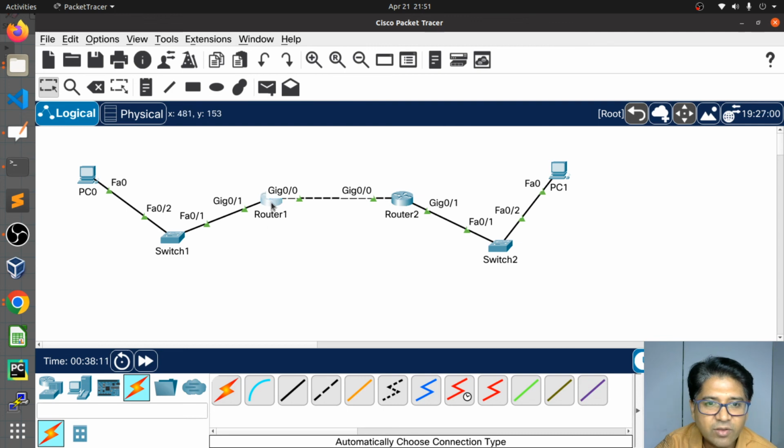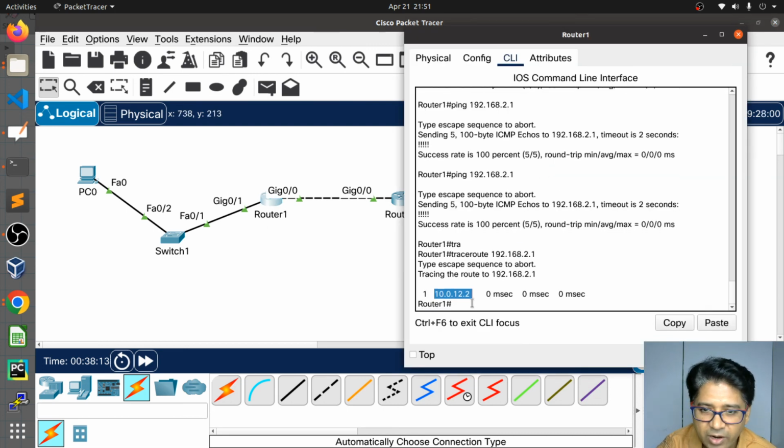One static route I have configured here, so it is running here.